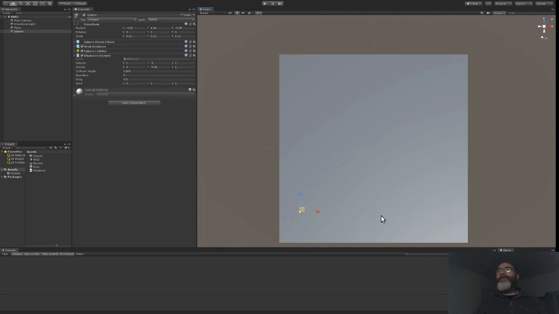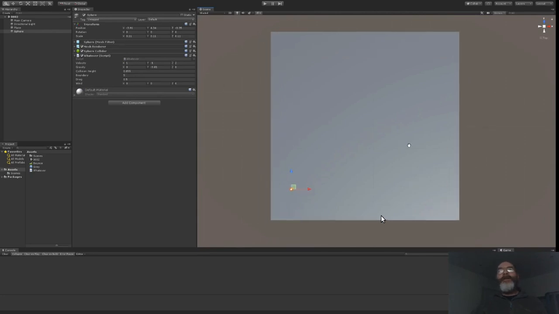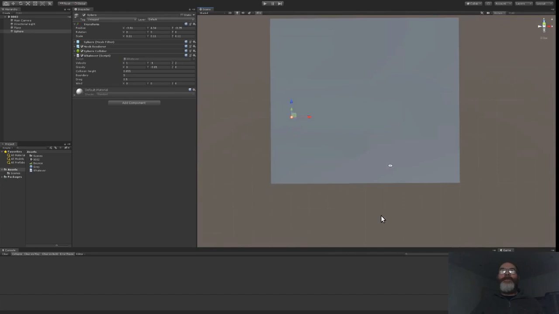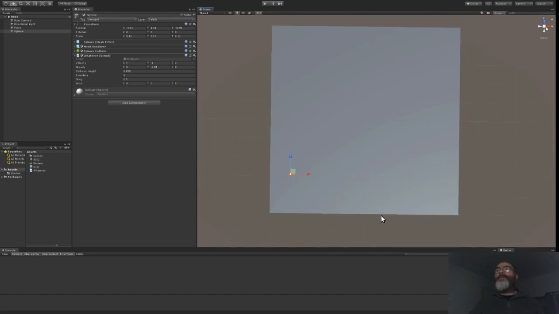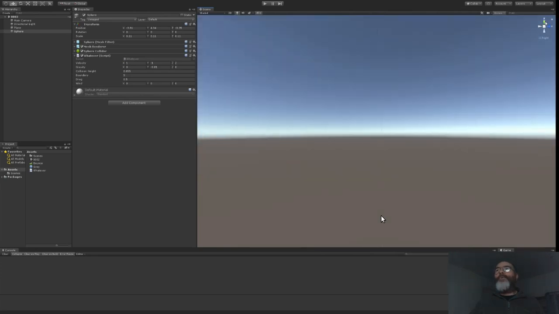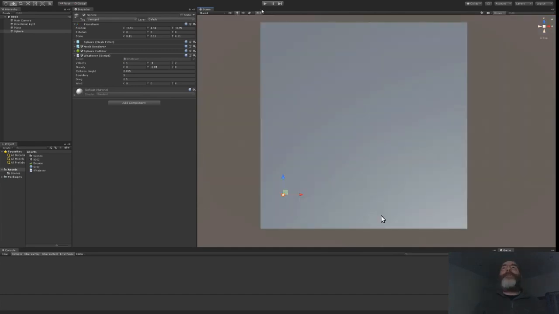So what I'm going to do, obviously it's a 3D scene, okay? What I want to do is make the object, the ball, move in a circular path. So the first thing I need to do is turn off or remove my script, and then check if this is in the middle.